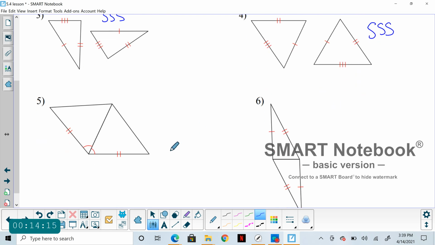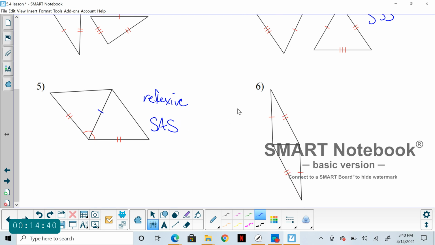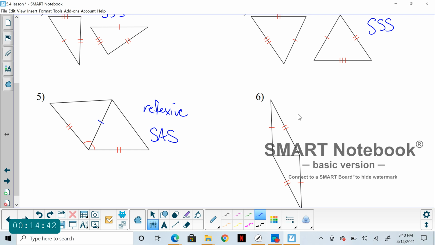All right, how about number 5? What do you think? We have this side and this side congruent, and this angle and this angle. We can get this side from the reflexive property. So we can say this is congruent by side, angle, side. All right, how about number 6?